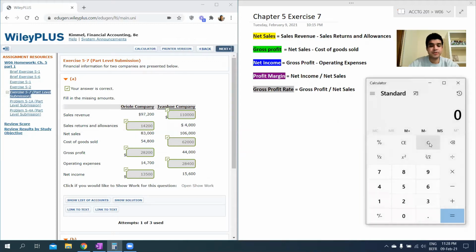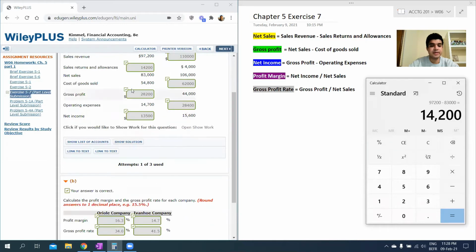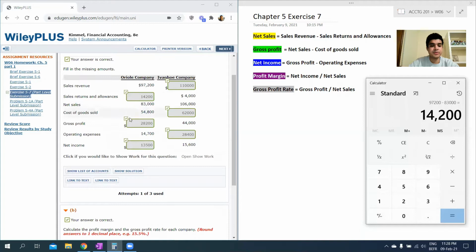We're going to first take the sales revenue, 97,200, and subtract the net sales, 83,000, and we are going to arrive at the amount of sales returns and allowances. Okay, so 14,200.